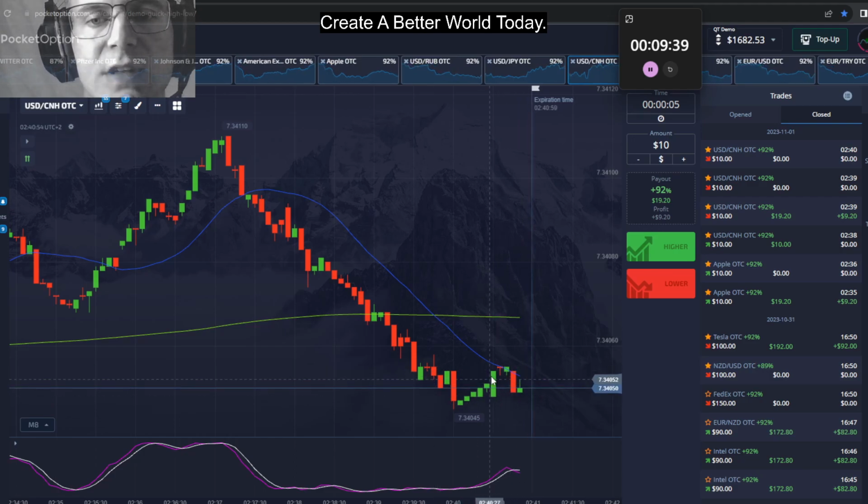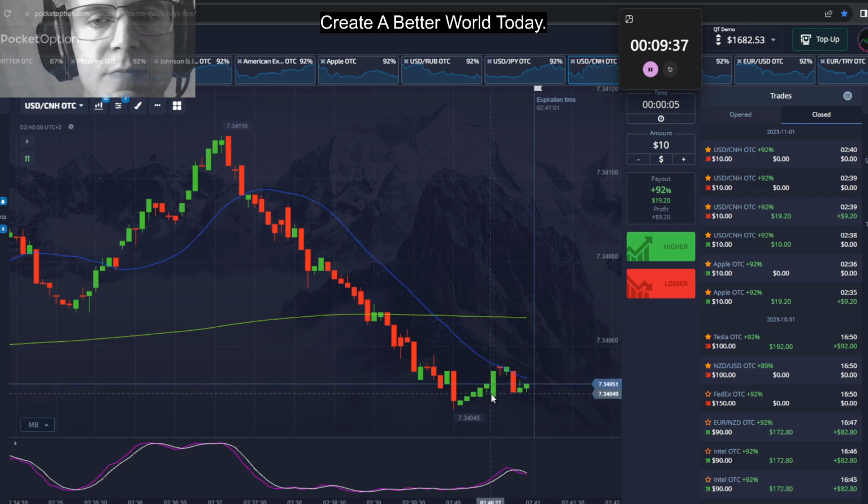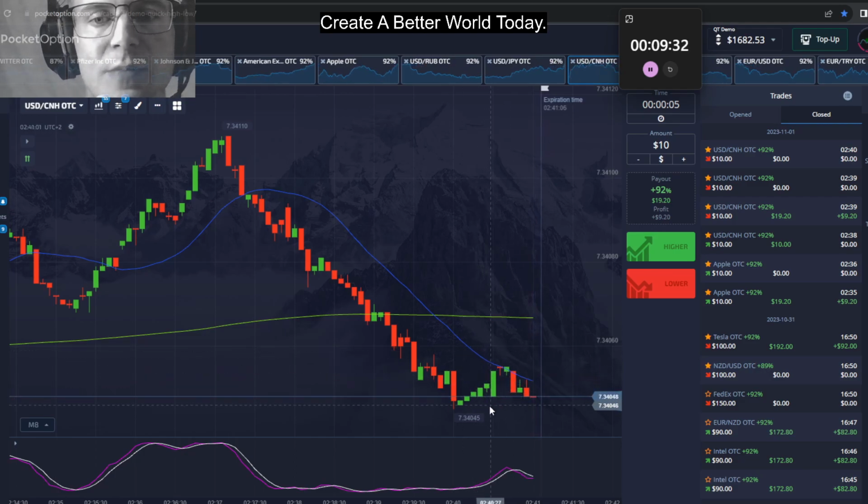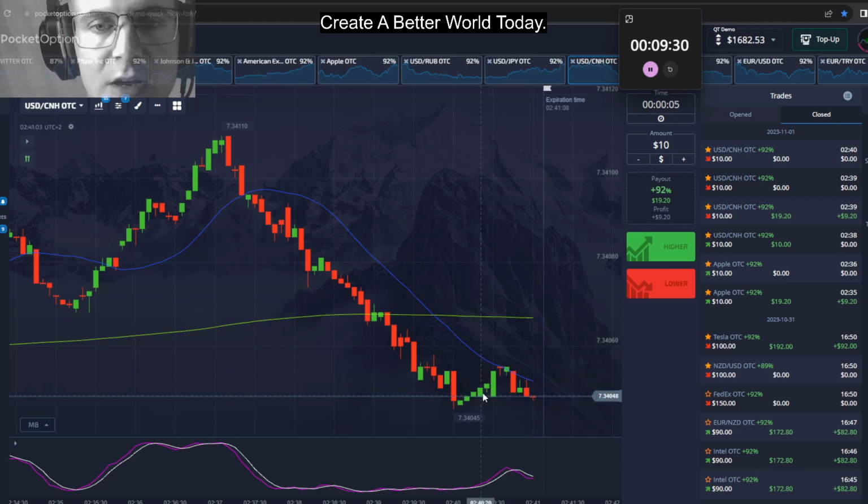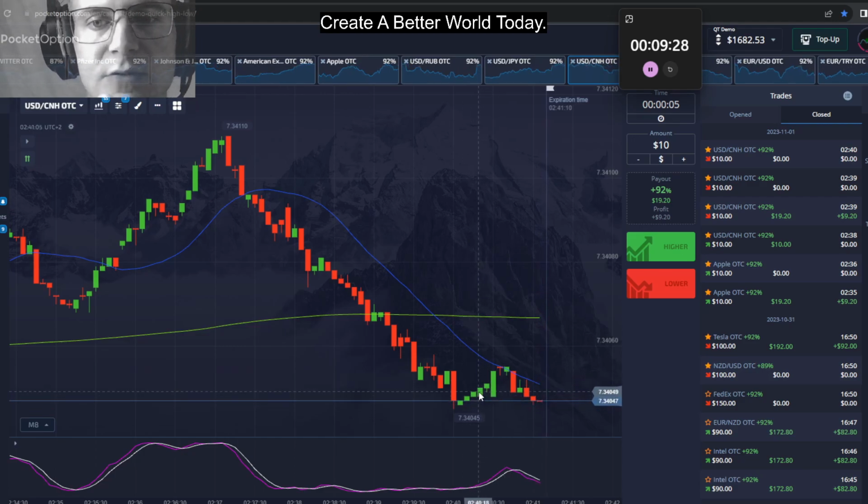So it kind of reversed after a large candle move. That could be part of your strategy, waiting for something a little bit more prominent. I got in somewhere over here on the reversal, which didn't work out.